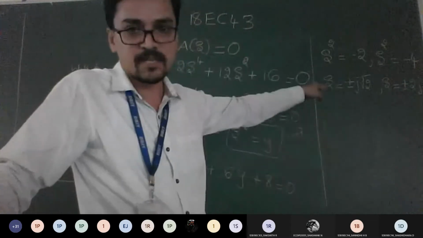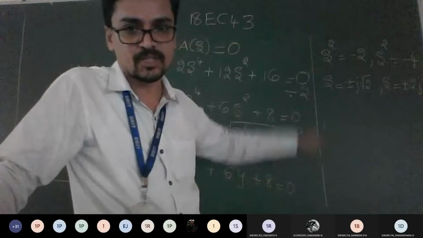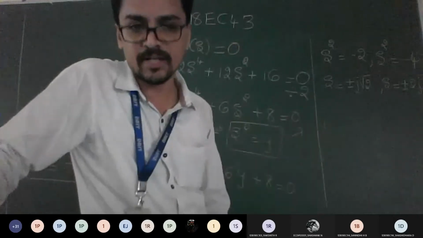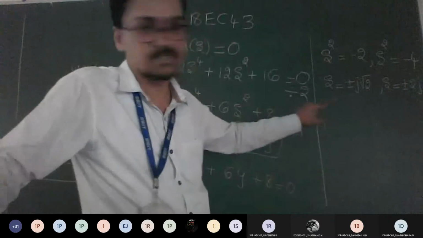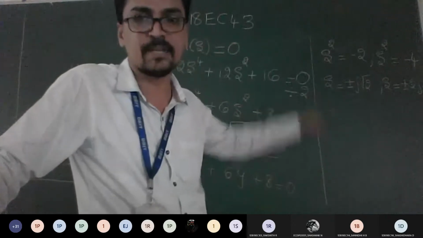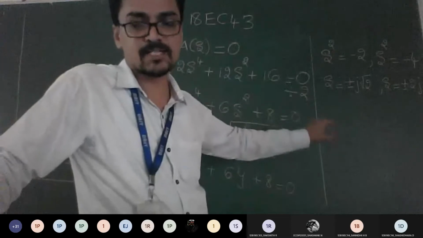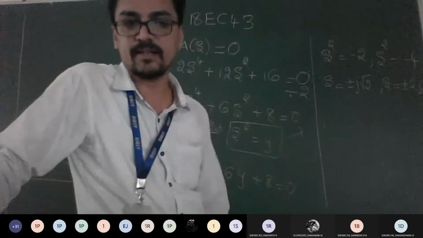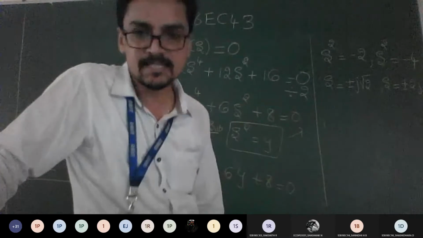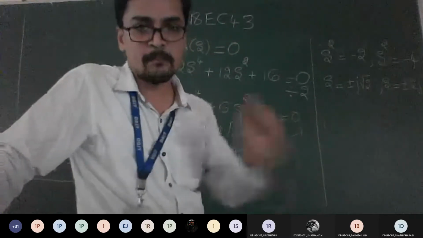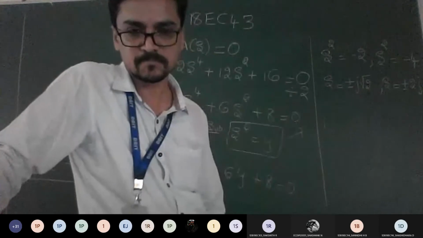Similarly, one is plus root 2j, one is minus root 2j. If you got the same answer 2, 2 or minus 2, it is repeating. Since you got plus 2j, minus 2j, it is called non-repeated roots on the imaginary axis. Hence, the system is called marginally stable. Is that okay to everyone?